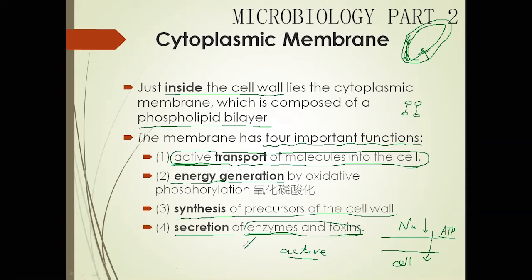That's the main reason they can cause people illness. So that's basically the cytoplasmic membrane. It has four important functions, but maybe not good for the human being.